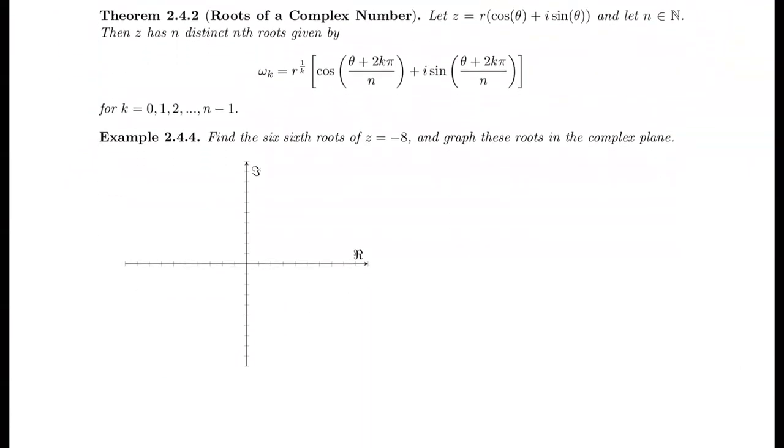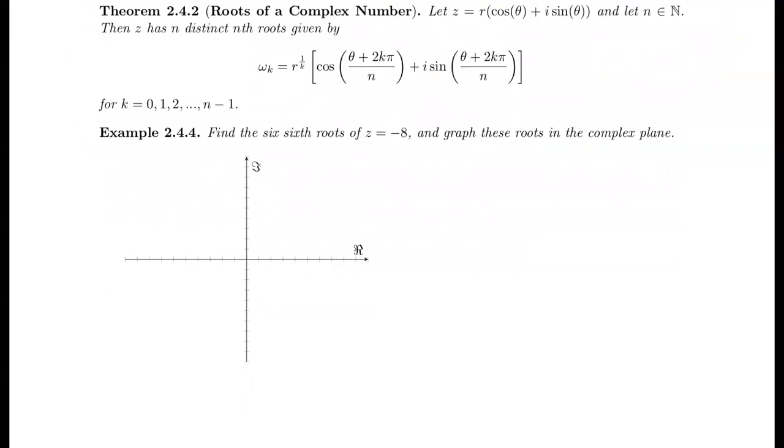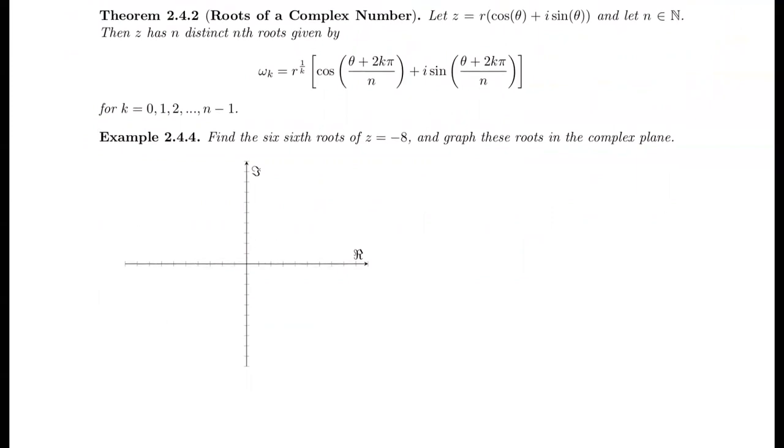So the following example asks us to find the sixth roots of negative 8 and graph these in the complex plane. So the complex number is going to be negative 8. Let's find the modulus first, which is equal to negative 8 squared plus 0 squared.